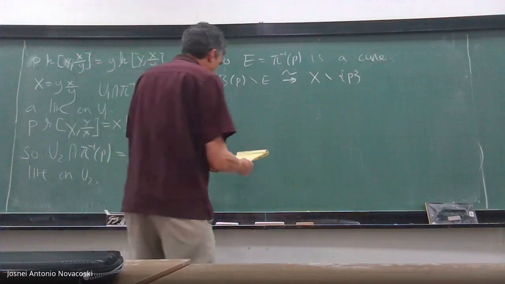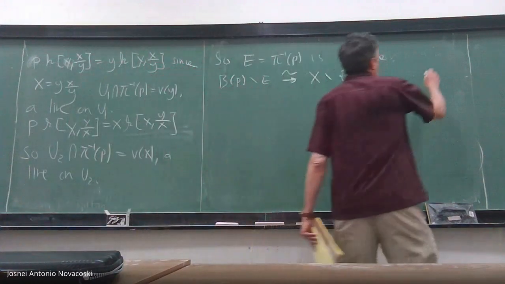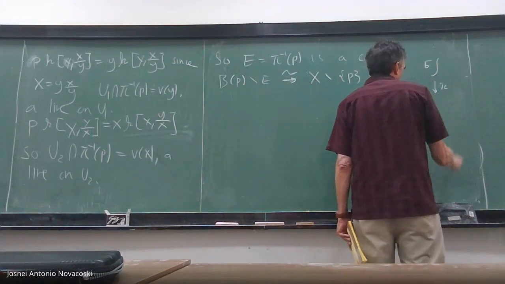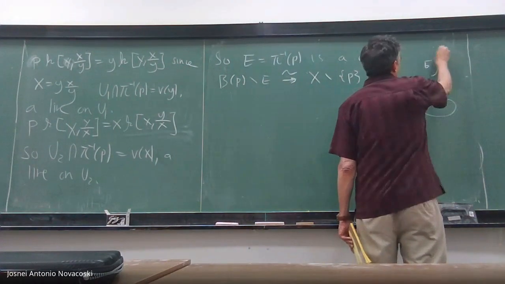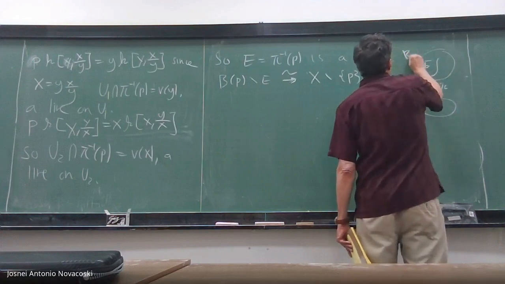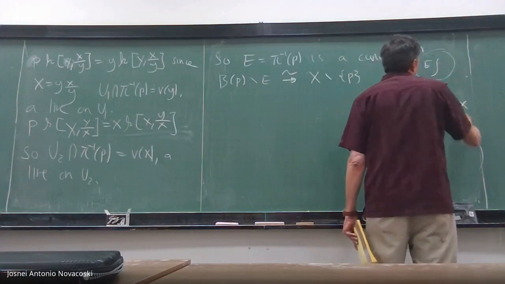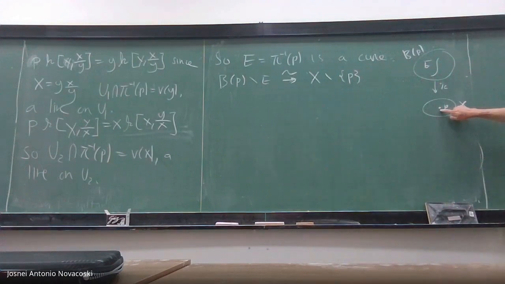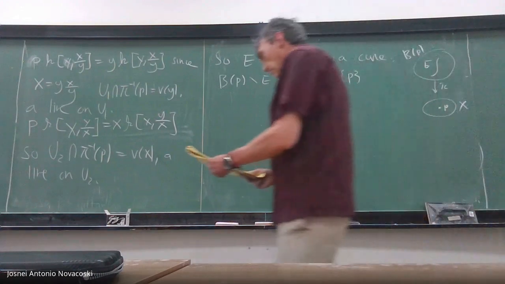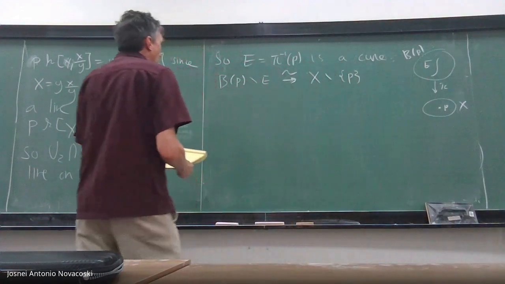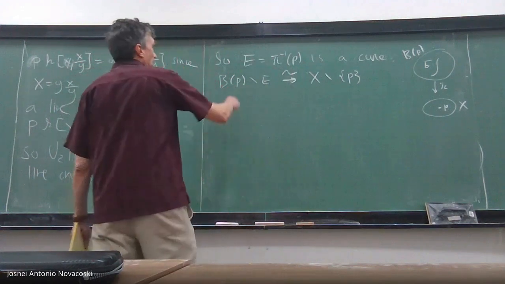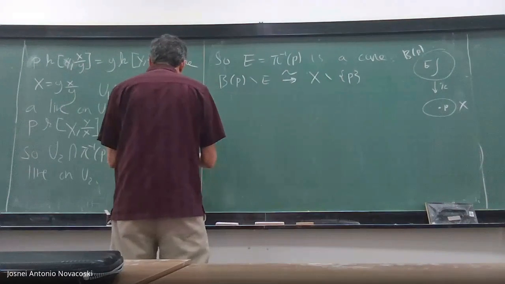So here's the point P. The idea is you replace a point P with this curve E, and this E is the union of these two charts.